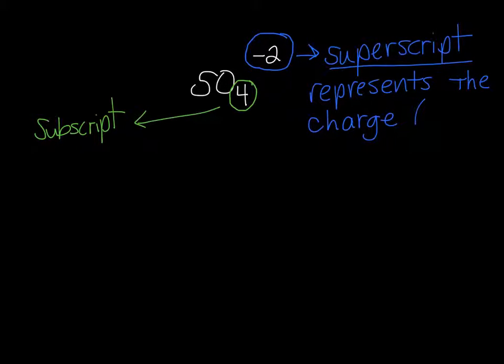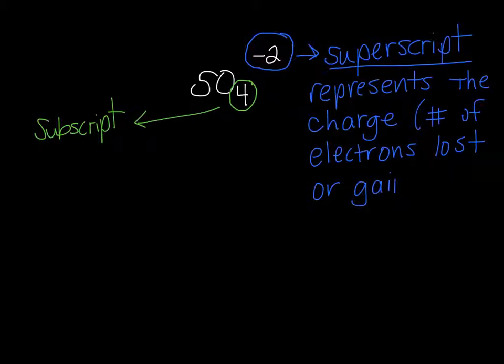Another way to say that is the number of electrons that have been lost or gained by that substance. The number of electrons that have been lost or gained represents the charge. It tells you how positive or how negative that substance is. And remember, a substance would be positive or negative by losing or gaining electrons. And that's going to be important when we talk about the types of bonds in a couple of minutes.